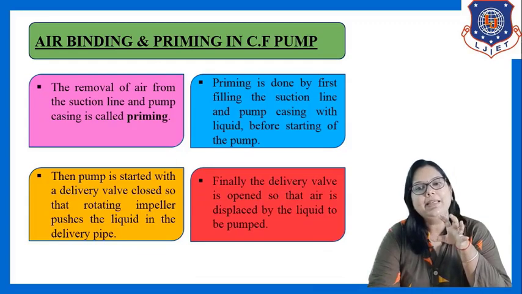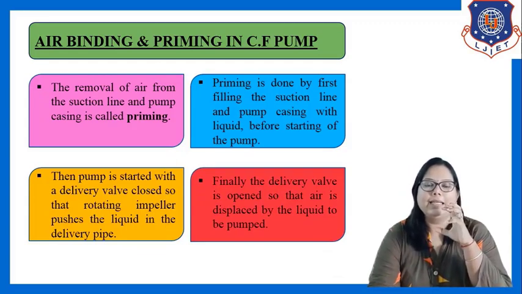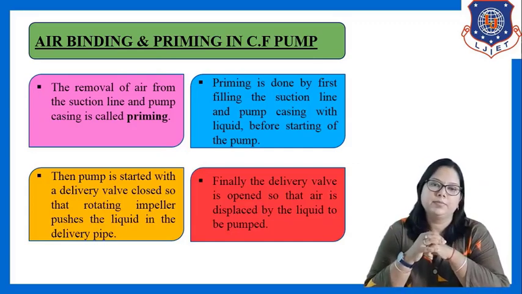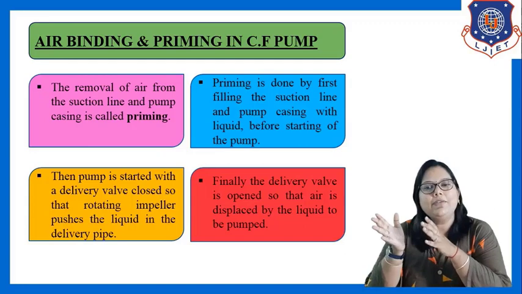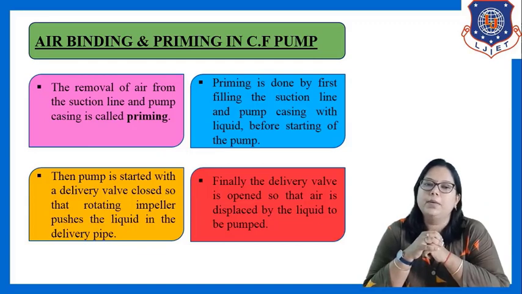And finally we open the delivery valve so that air is forced with the liquid in the delivery pipe. So when we open the delivery valve, air is displaced by the liquid to be pumped.